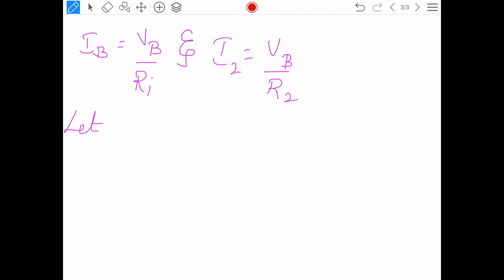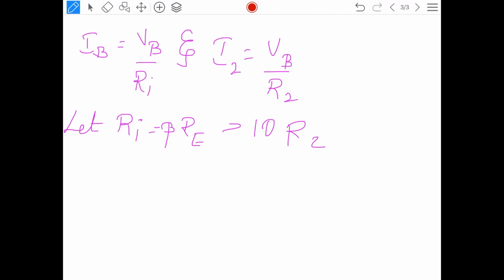Let Ri is equal to beta times Re. Correct? So this value should be greater than 10 times R2.